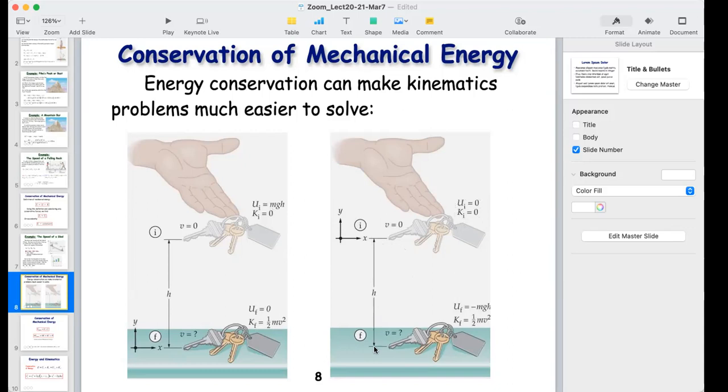And in the final position, we have K final, which is 1/2 mv squared, which is for sure a positive quantity. But then we have minus mgh. The sum of these two will be equal to 0, because you need to conserve the energy, and the initial energy was 0.